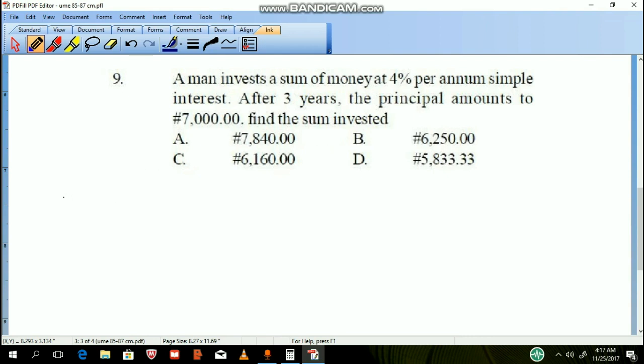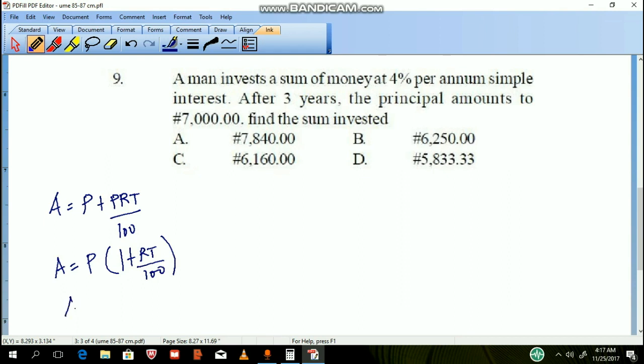So if I were to look for the principal, remember that A equal to P plus interest, and interest is PRT over 100. If we factorize P, it will be P times 1 plus RT over 100. Now A will be equal to P bracket 1 plus the rate 4 times 3 over 100.